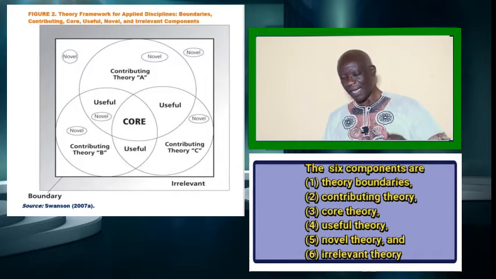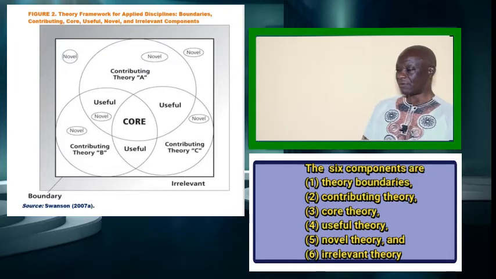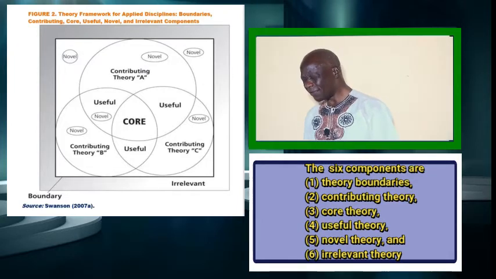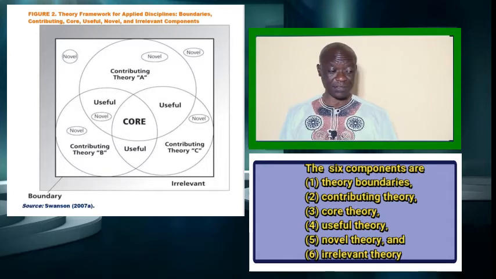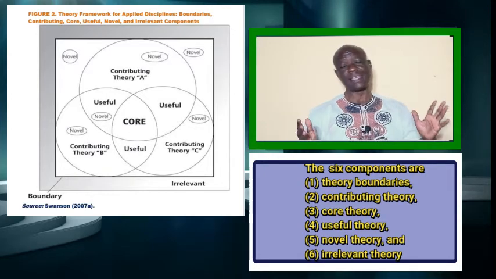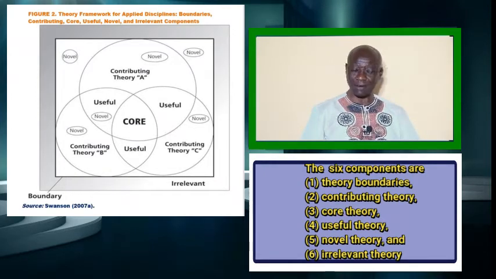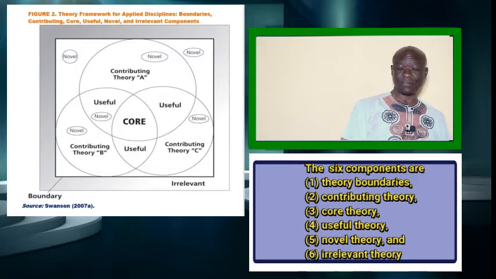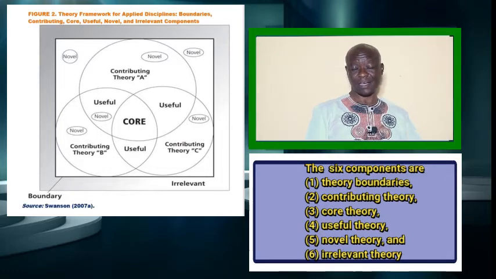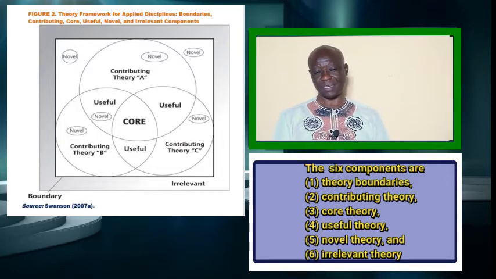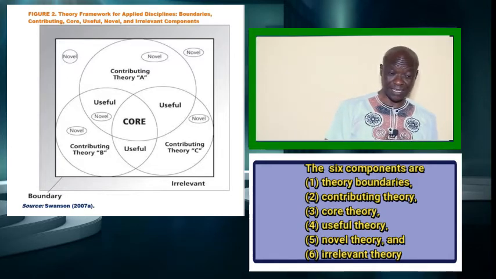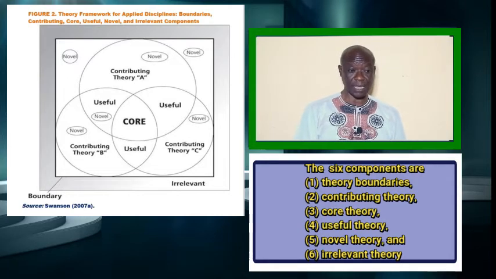Now, again, when you look at the diagram here, we've got what we call the useful theory. What is that useful theory? You will see again when you look at the 3 Venn diagrams, if you call them set A, set B, set C, you see intersections at that material time.